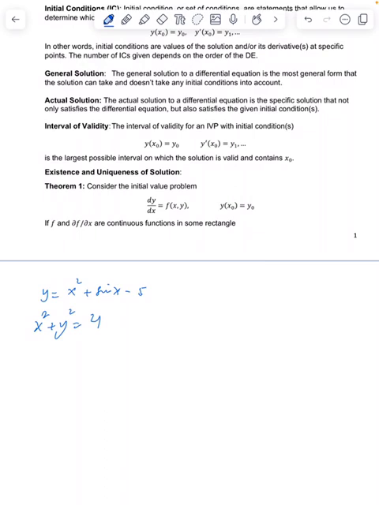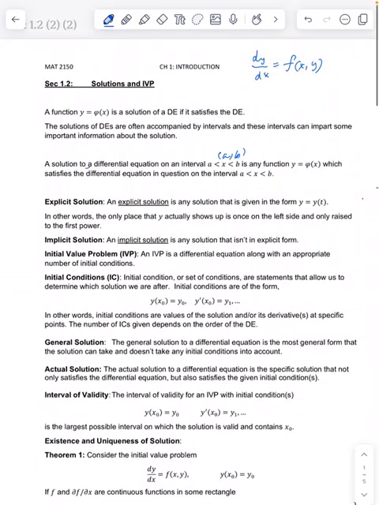Now, you remember you learned implicit differentiation in Calc 1. So that's how you can differentiate this and find the dy by dx. And I believe in the exercise section 1.1, some of the questions ask you to do the implicit differentiation.